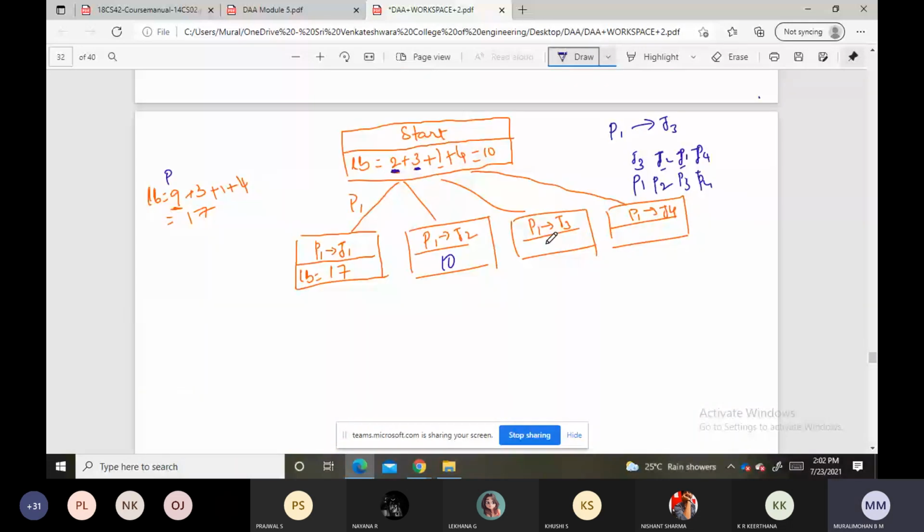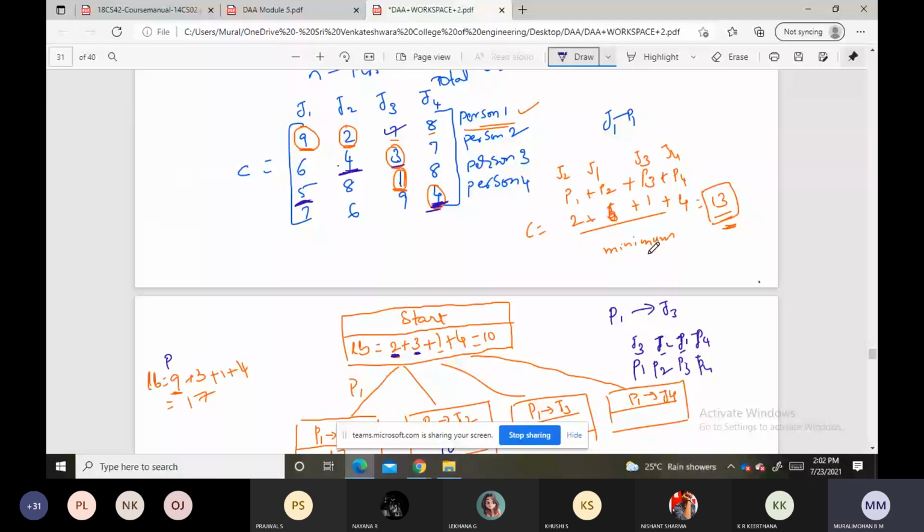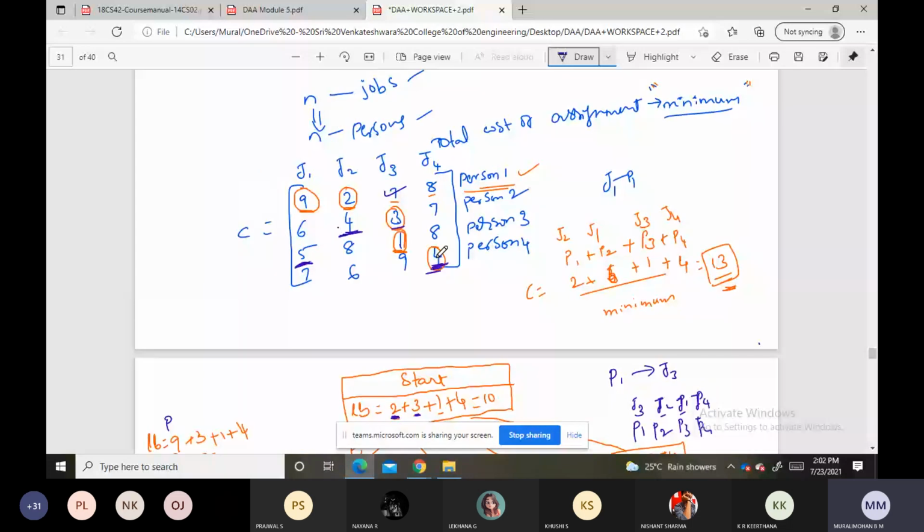Next, if person 1 is assigned with job 4, that is 4. Okay, so next you calculate. Person 1 is assigned with job 4. So which job can be assigned for person 2?